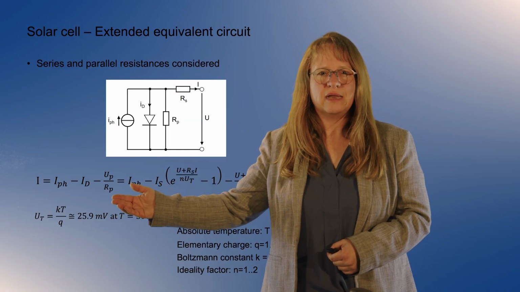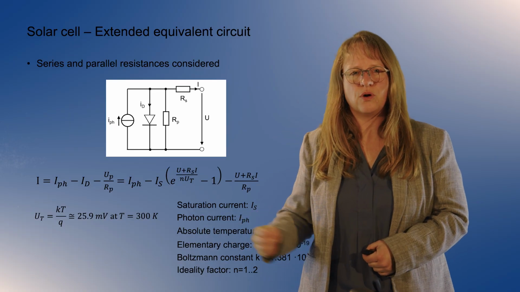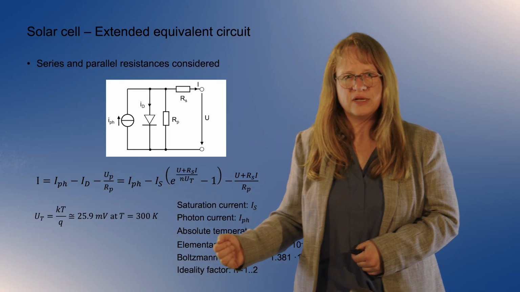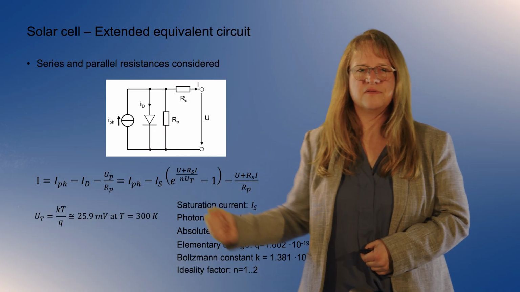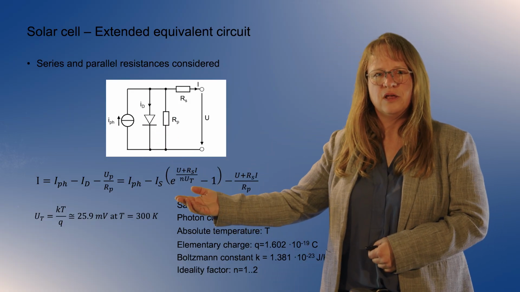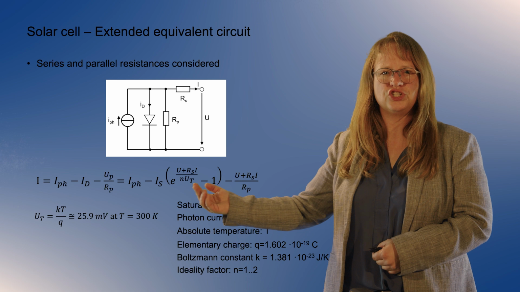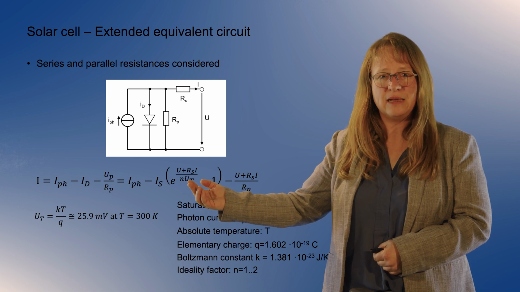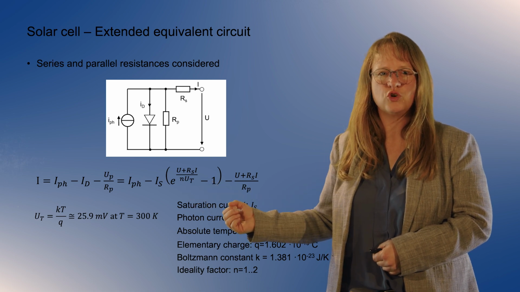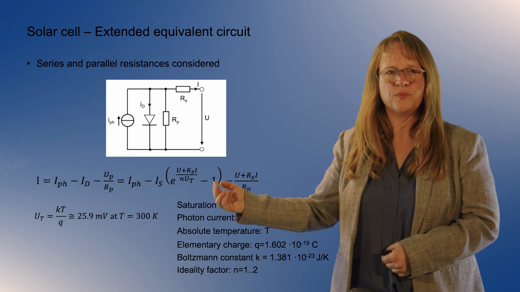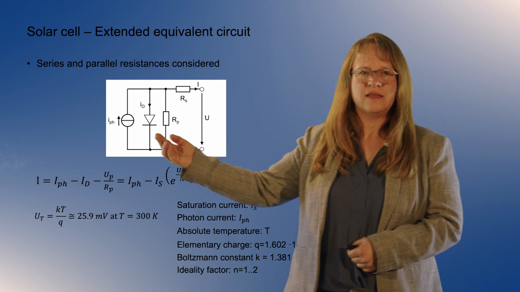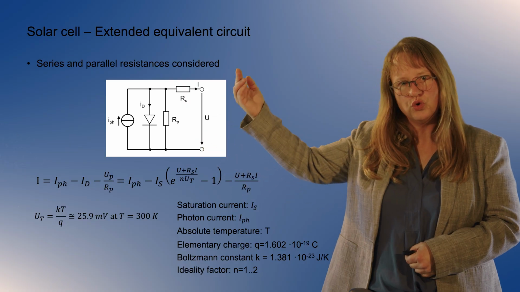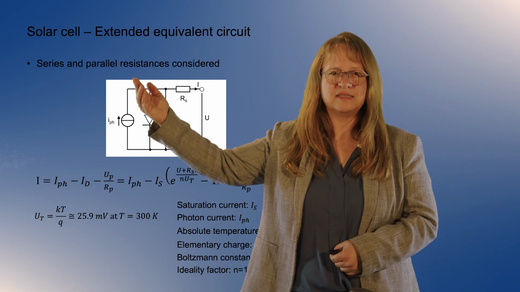Then we can proceed to put in the diode current. The diode current is given again by this model, where we have the diode voltage divided by the ideality factor N times the temperature voltage, minus 1. Now we have to change this, because the voltage U on the outside is not the same as the diode voltage.